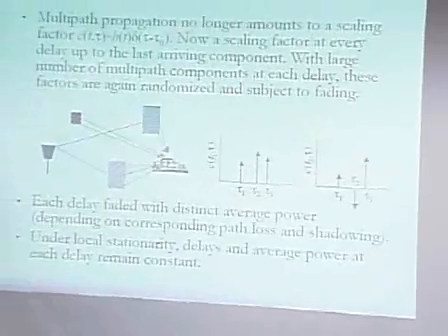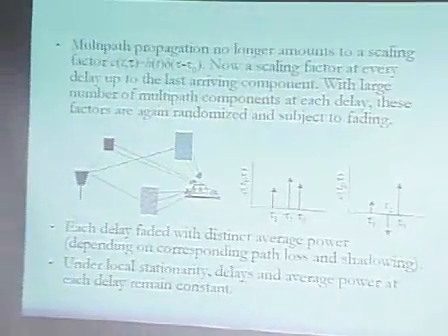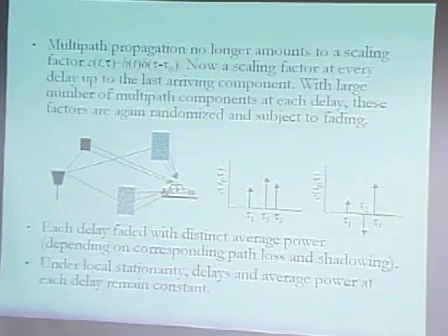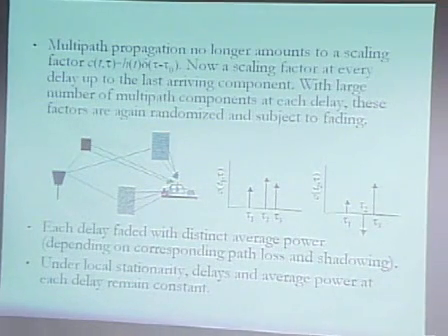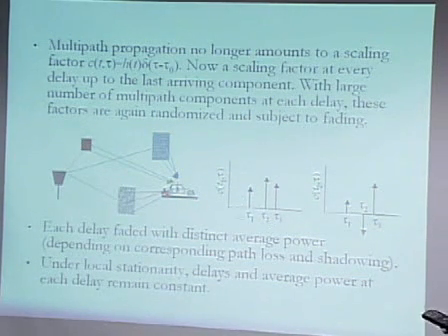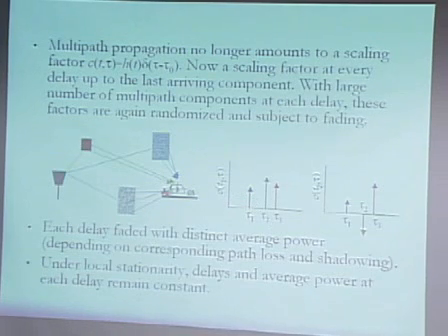But what does hold usually is that delays that are very different correspond to reflections on objects that are typically not close to each other. Because if objects are close to each other, the corresponding reflections are going to arrive at about the same time. So they're going to fall within the same narrow band delay, if you will, right?